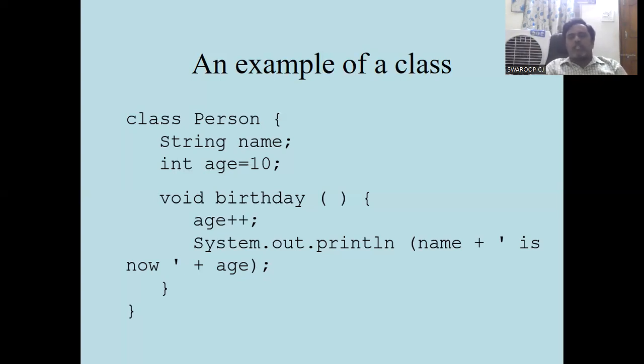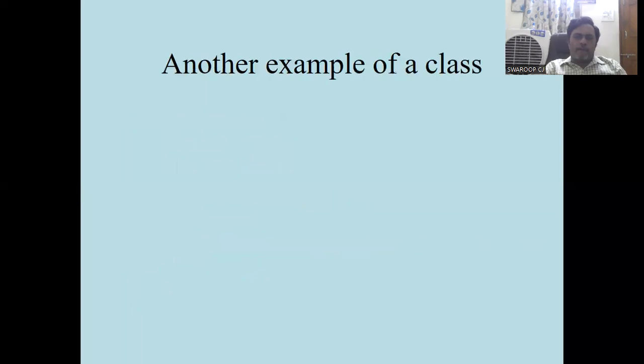So ultimately what we get is now age is 11, because we are incrementing by 1. So age plus plus means 1 increment. I plus plus, 1 increment. I plus 2, increment. I plus 3, increment. Likewise, you can increase the numbers also.